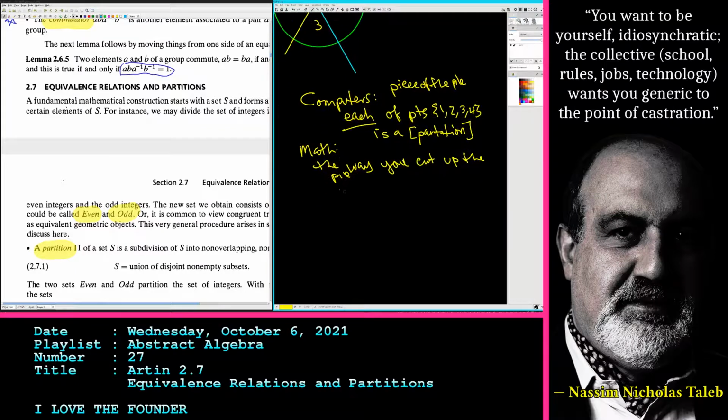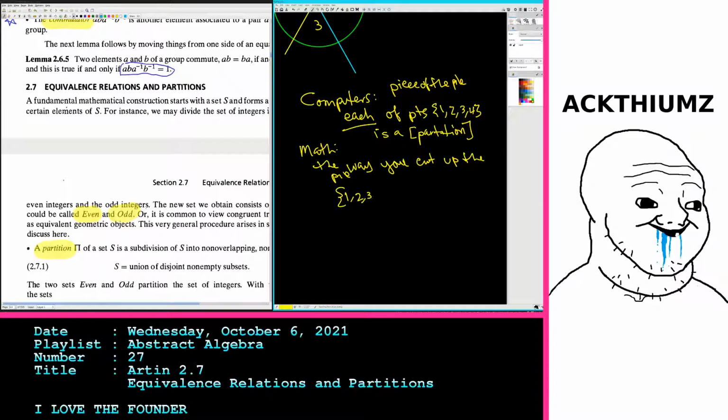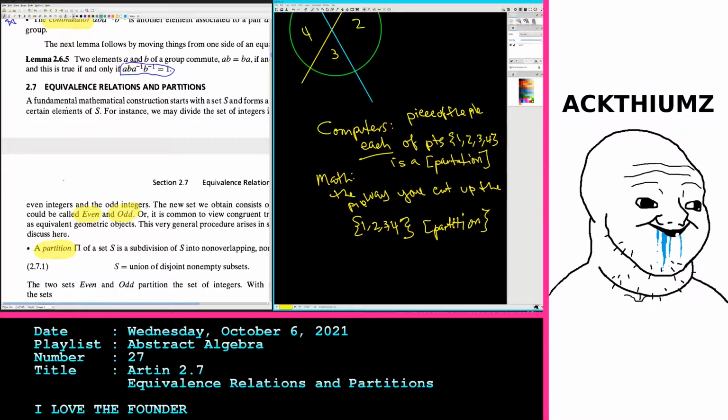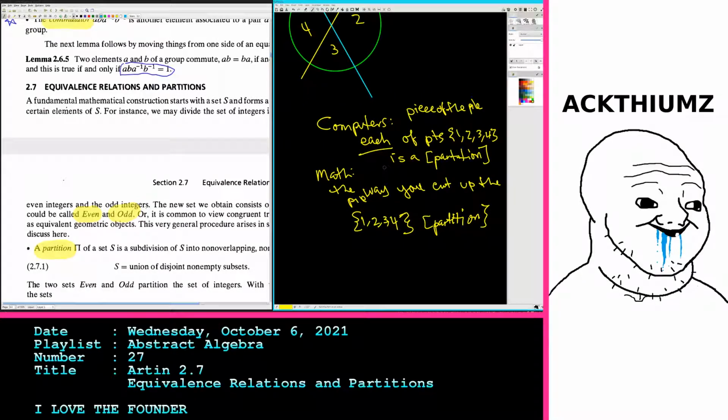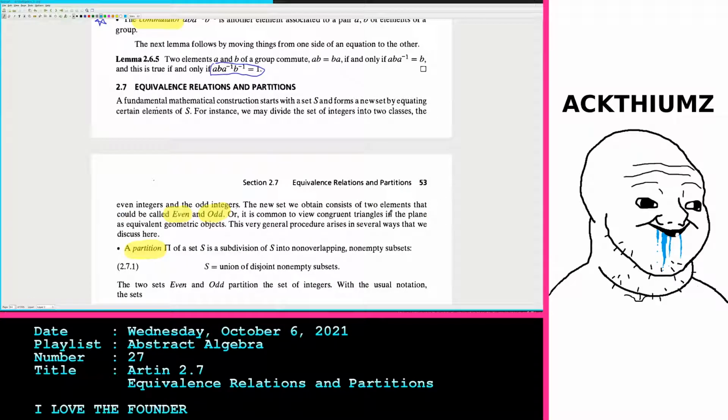So in math, the set 1, 2, 3, 4, that is your partition. The way you cut up the pie is the partition in math, and in computers, a piece of the pie is the partition. That's an important difference, a namespace collision in the terminology.